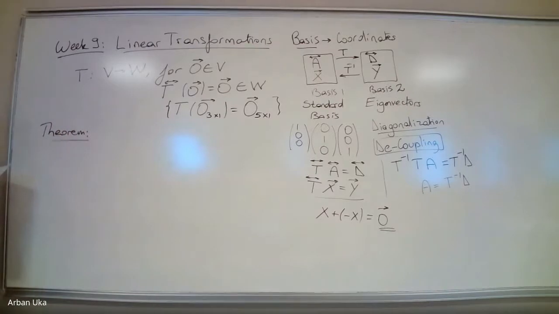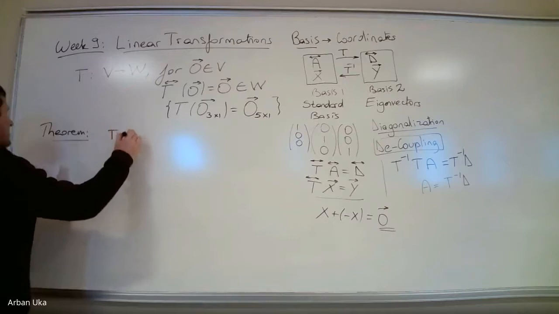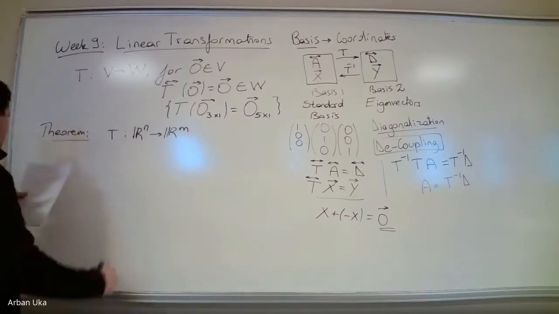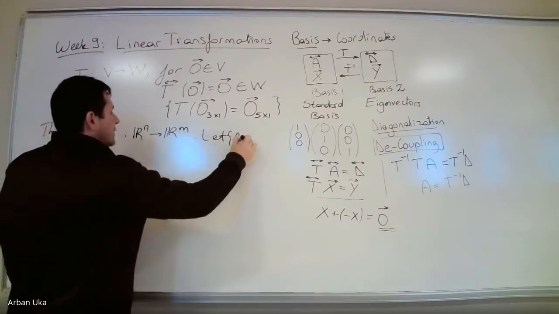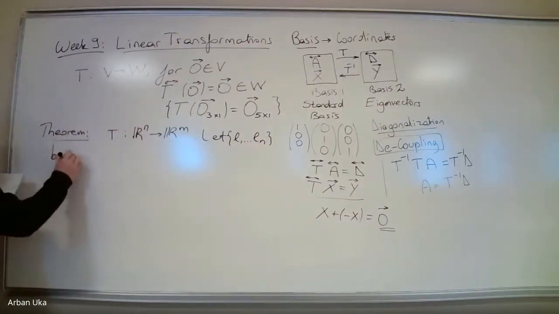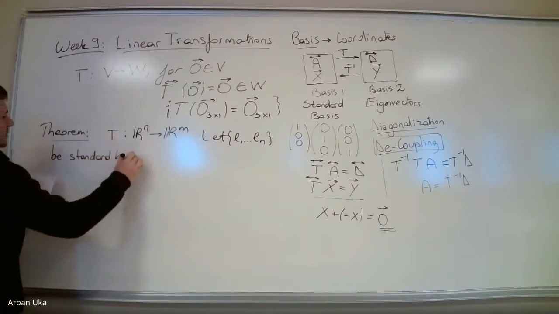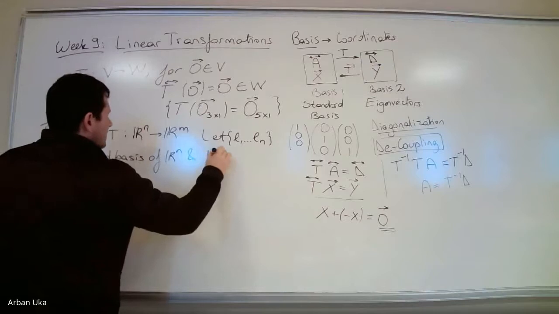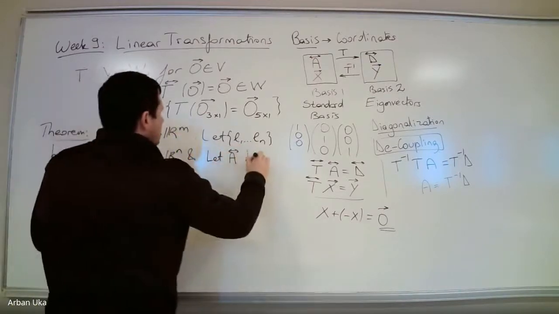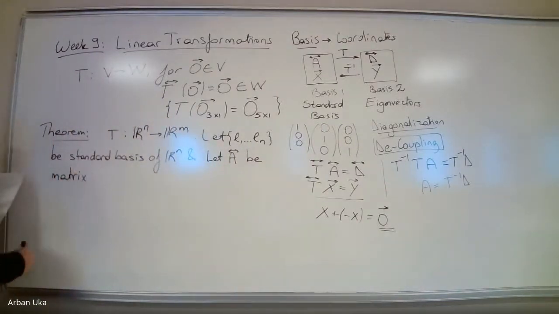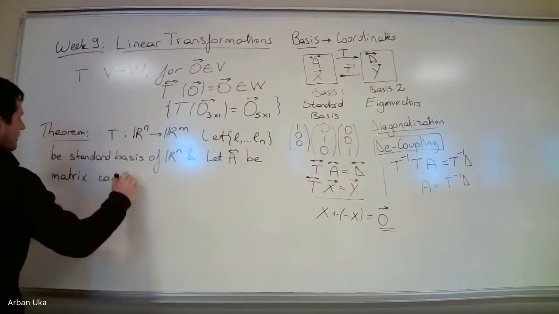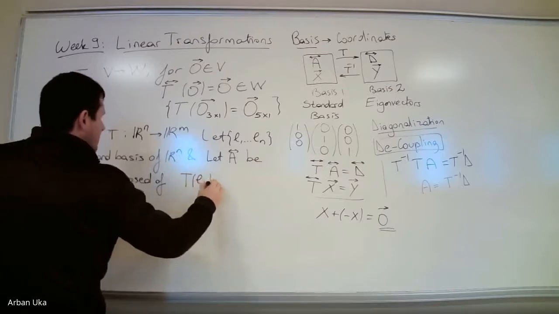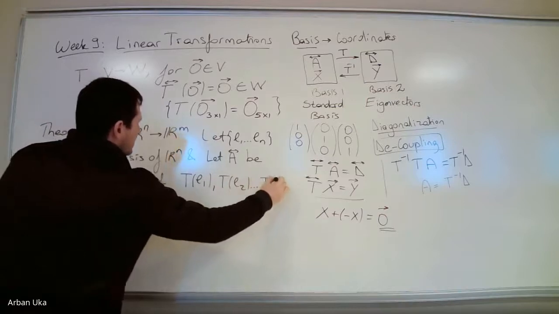Now, let's mention the first theorem. A linear transformation T, which is defined from Rn to Rn, is a linear transformation, and we can say, let E1, ..., En be the standard basis of Rn, and let A be a matrix composed of T of E1, T of E2, and T of En.